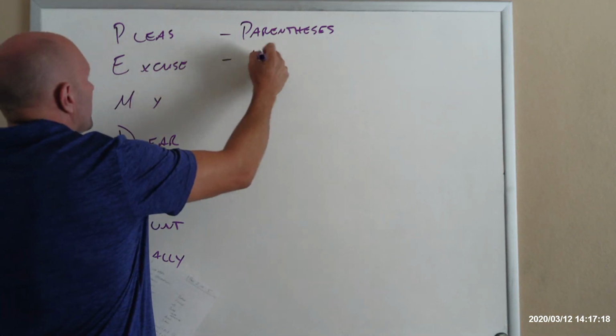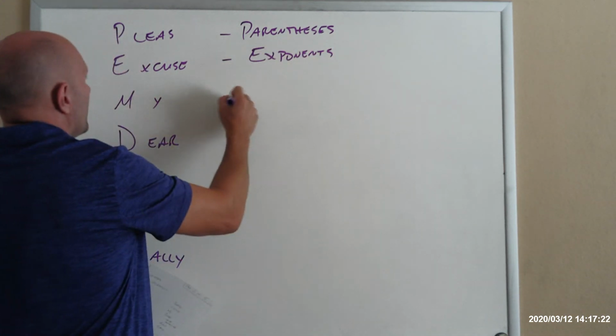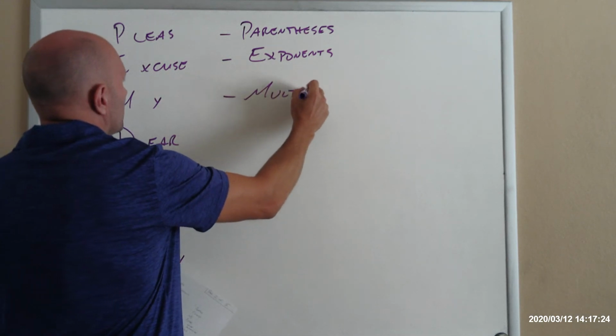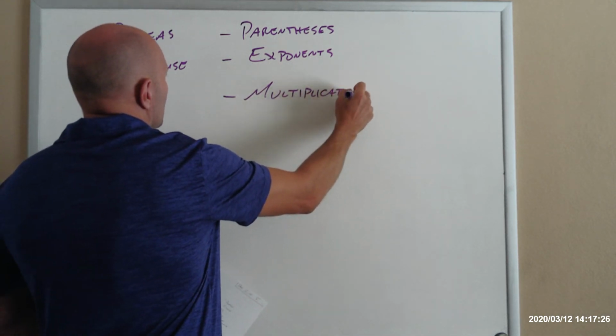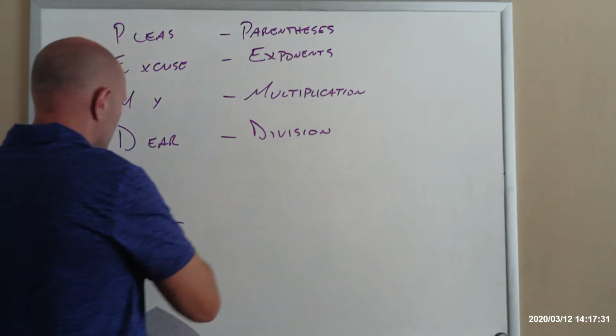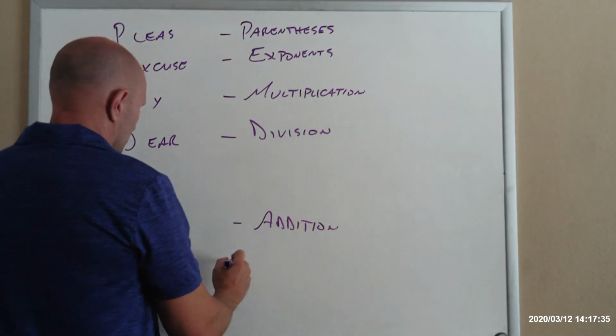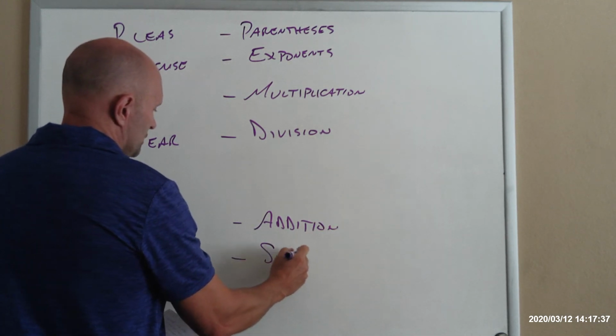The E was exponents. The M was multiplication. D, division. A, addition. And S, subtraction.